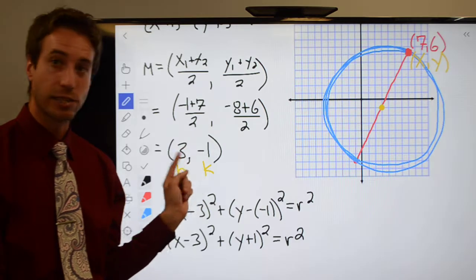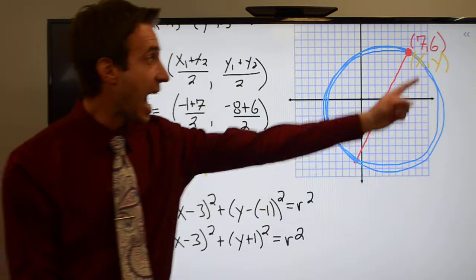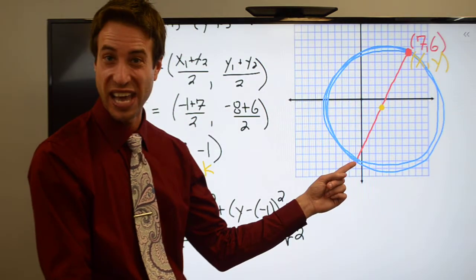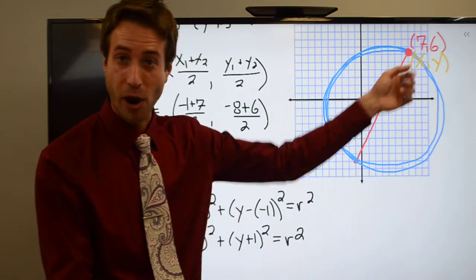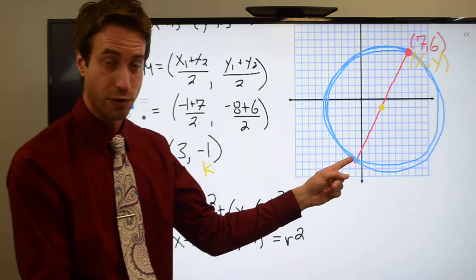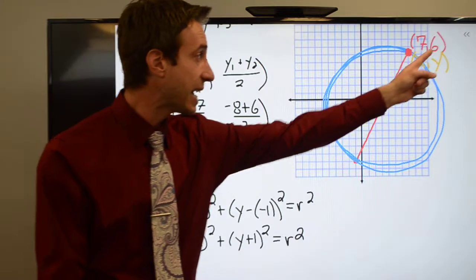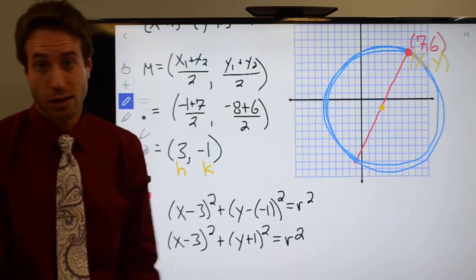Using my center h, k, which I plugged in, I now know, and you could use either one. You could use the point down here. I just won't, because those are negative numbers and it's easy to make mistakes with negative numbers. So if I have positive numbers, I'll just use positive numbers. But certainly you could use this point if you wanted to. Plug in a 7 for x and a 6 for y. The only thing you don't know is r squared.